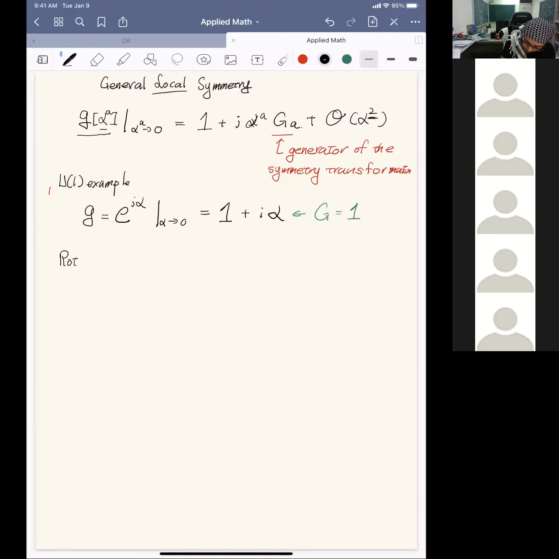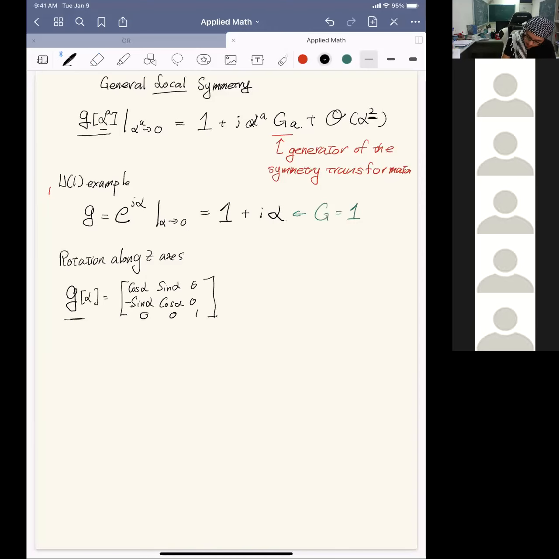If I consider a rotation along the z-axis, then G(alpha) is given by cosine alpha, sine alpha, 0; minus sine alpha, cosine alpha, 0; and 0, 0, 1. So our transformation is a matrix.